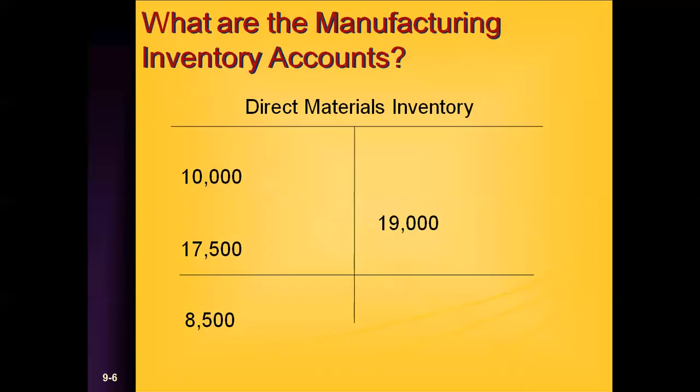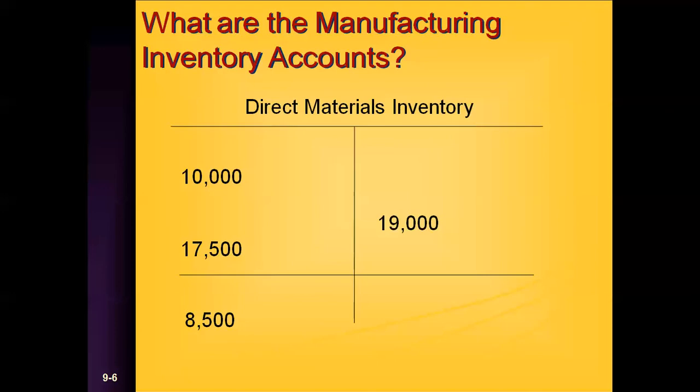Okay, let's move on to the manufacturing inventory accounts that are impacted by this. As you might suspect, you would have a T account called direct materials inventory. That T account reflects the cost of the direct materials on hand, and that's the $10,000 there.